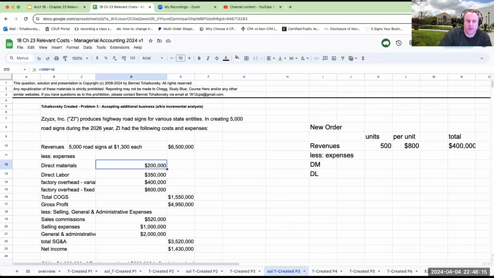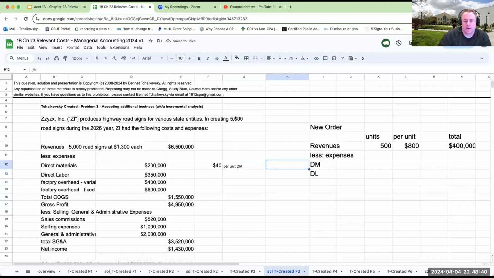So to make 5,000 road signs, it cost me 200,000. So the per unit for the direct materials is going to be 200,000 divided by 5,000 units. This is my per unit direct materials.